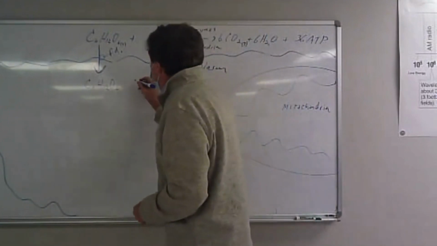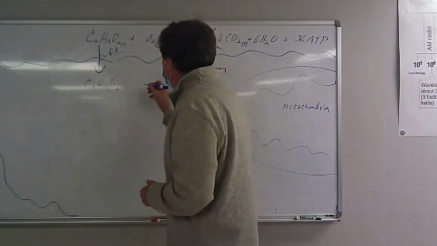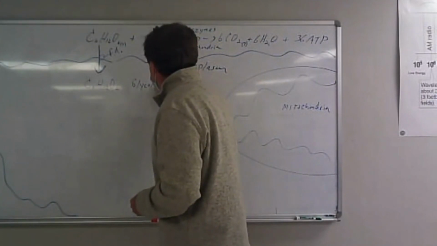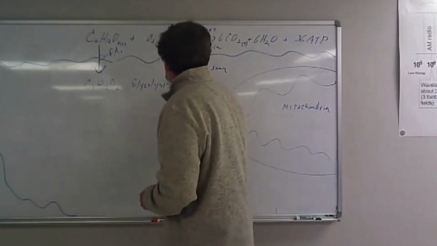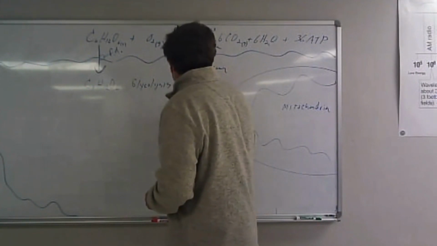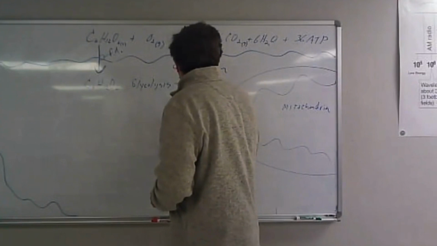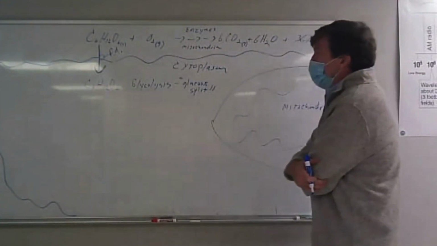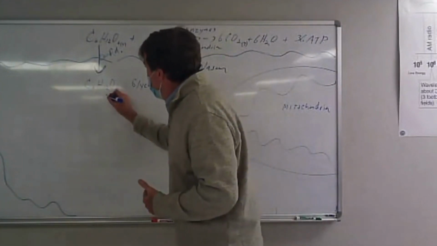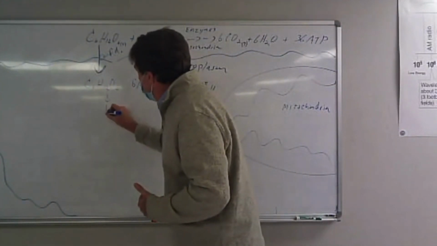Well, let's talk about glycolysis. Glycolysis literally means glucose splits. So here's glucose, and it's going to be split eventually. Well, this is a multi-step process, so let's draw arrows going down.